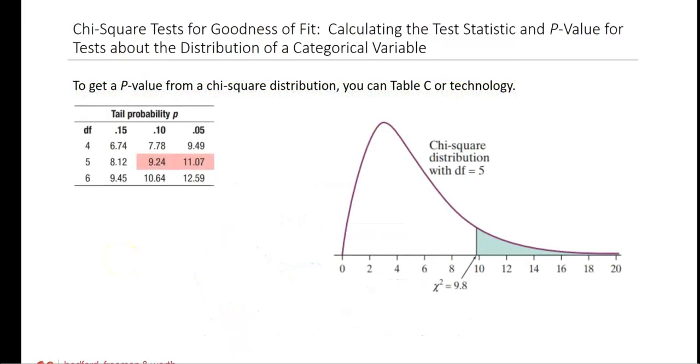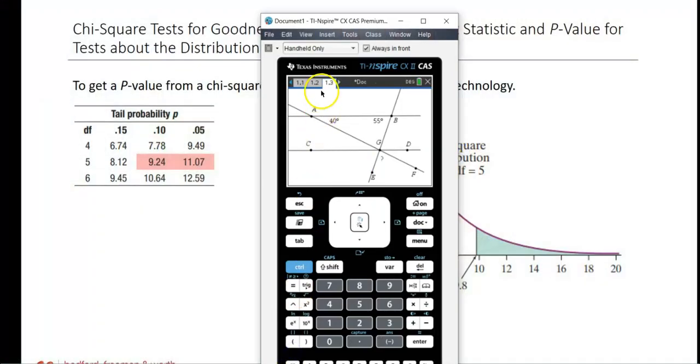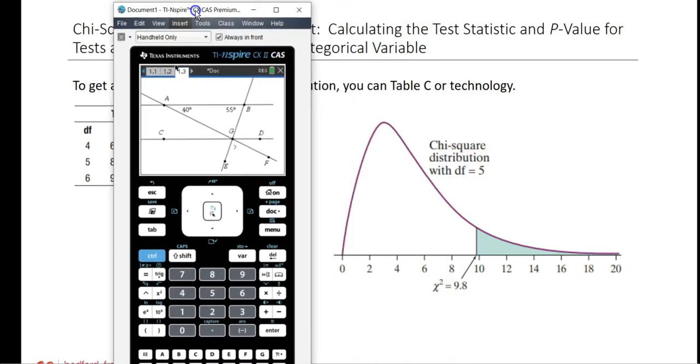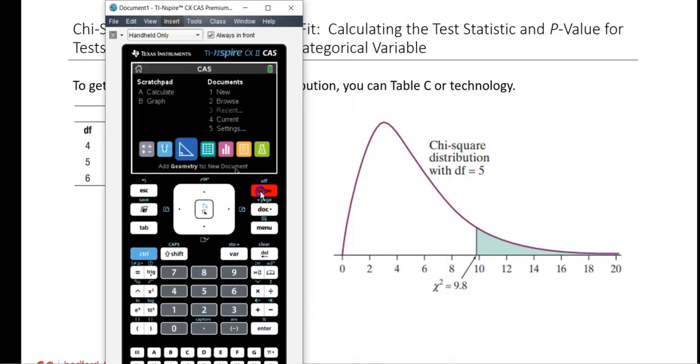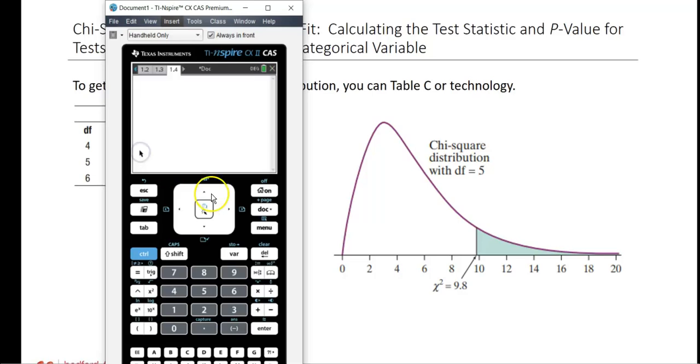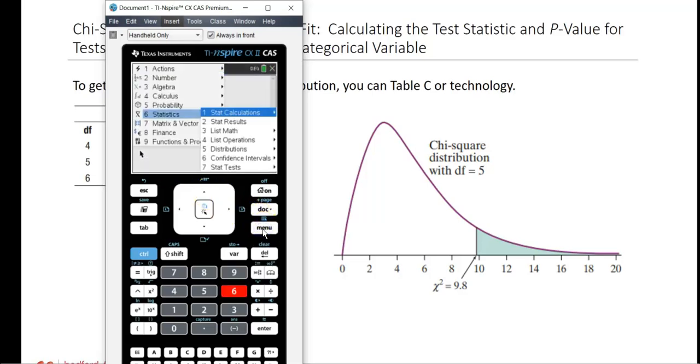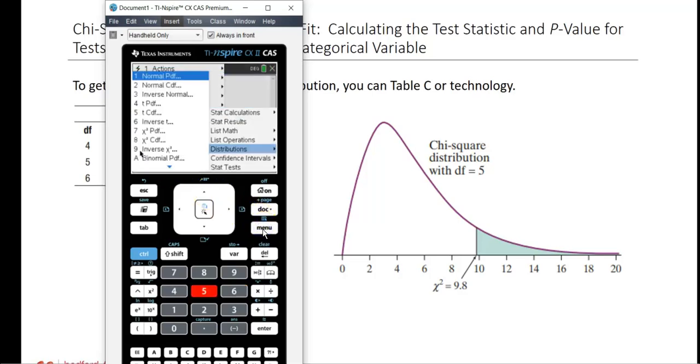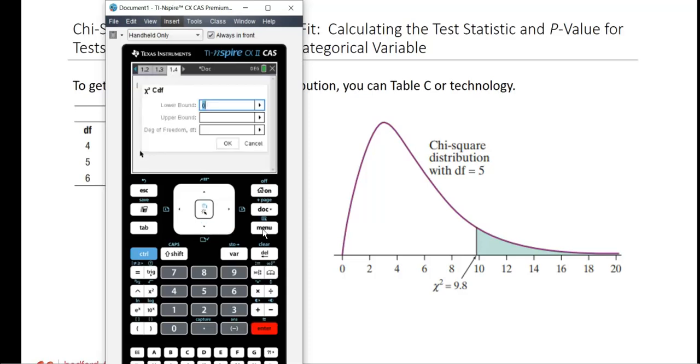They're talking about from the table. We don't do that. We can find the value of this. So let's say we wanted to find this value. Let's get our calculator out and go to chi-squared CDF. I'm pretty sure it's under menu 6, a distribution, chi-squared CDF. So lower bound 9.8, upper bound infinity or a big number.